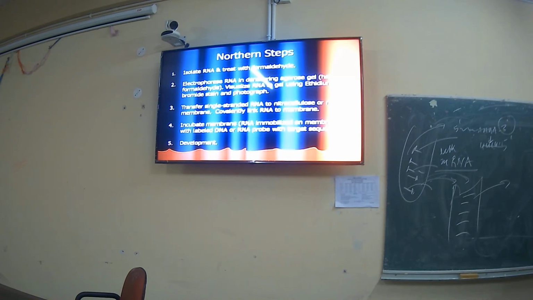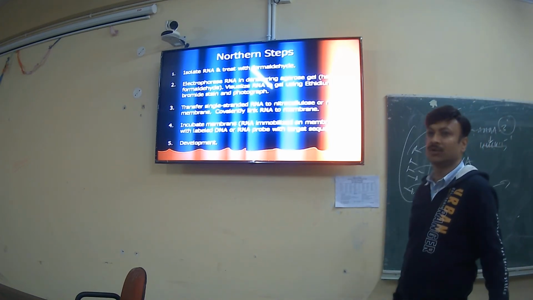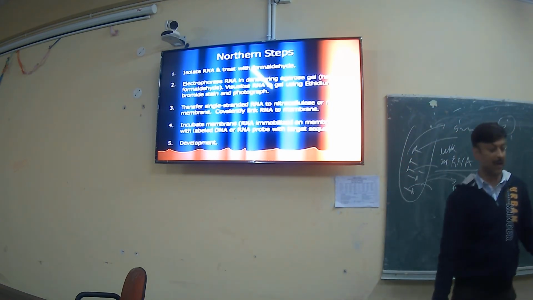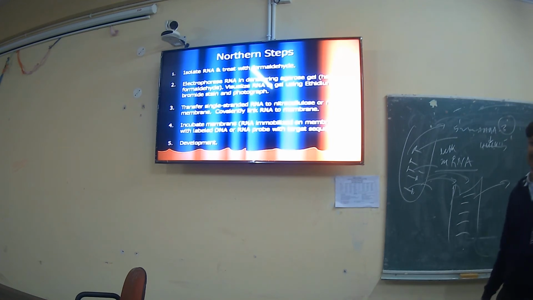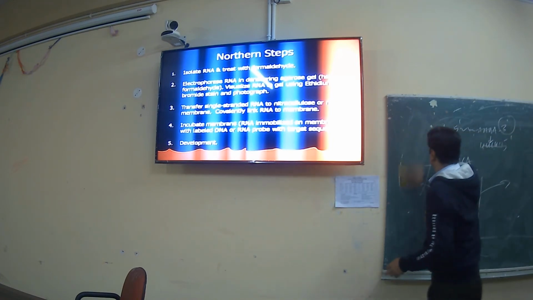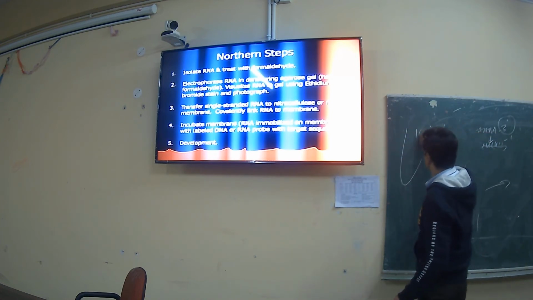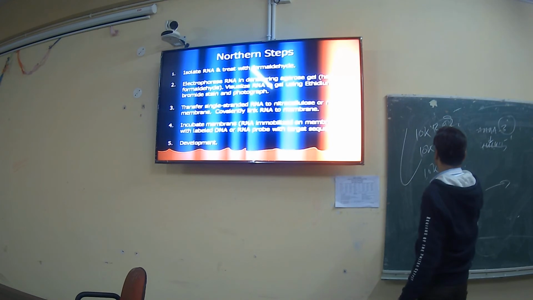One more basic question: RNA and DNA both run on agarose gel electrophoresis. DNA fragments are separated by agarose gel electrophoresis, and RNA fragments are also separated by agarose gel electrophoresis. Is there any difference in size? Suppose in a test tube there is a mixture of 10 kilobase pair double-stranded DNA, a 10 kilobase RNA molecule, and a 10 kilobase prokaryotic genome.